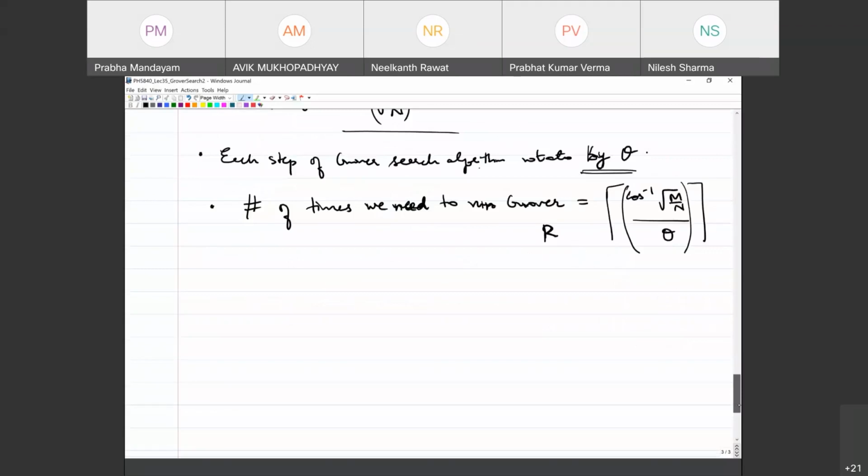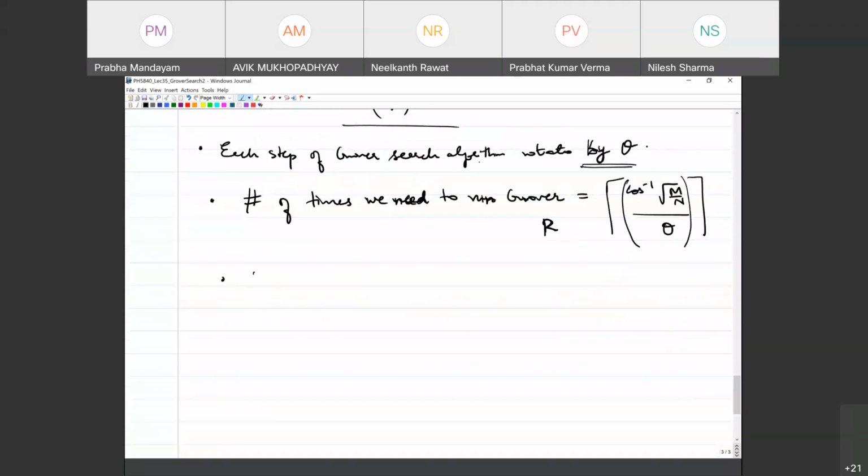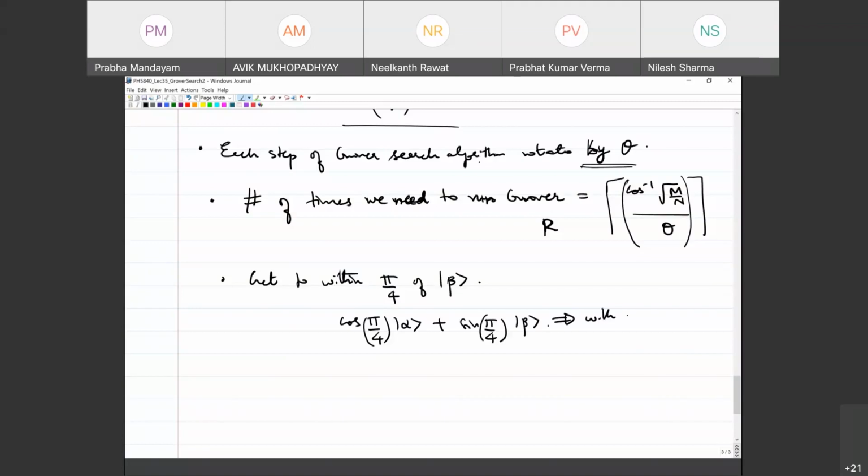Let's say that I want to get to within an angle pi over 4 of beta, which means I am in a state which is like this, right? So this will imply that with probability half, the algorithm returns a solution.